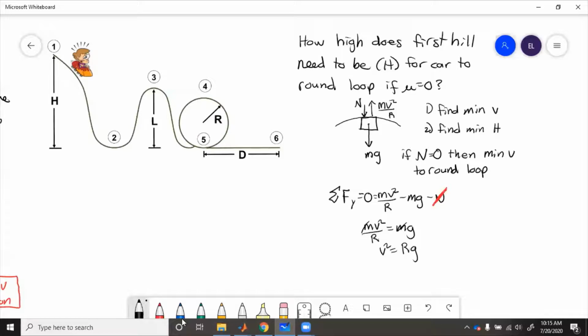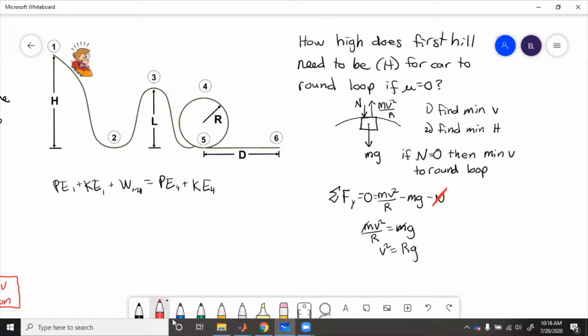Now to find h, we can use conservation of energy. Since there's no friction and no pushing, no work is going to be done from 1 to 4. So all we have is energy. Potential energy at 1 plus kinetic energy at 1 plus work from 1 to 4 equals potential energy at 4 plus kinetic energy at 4.